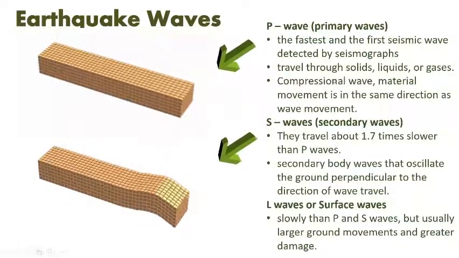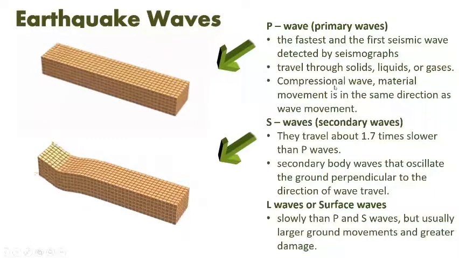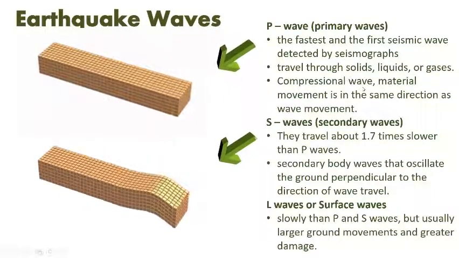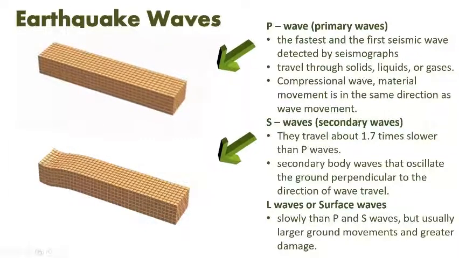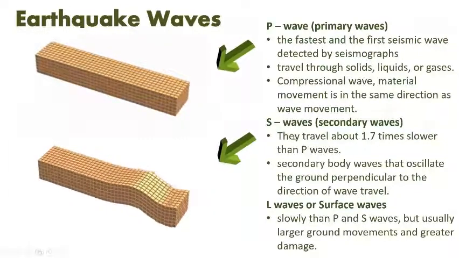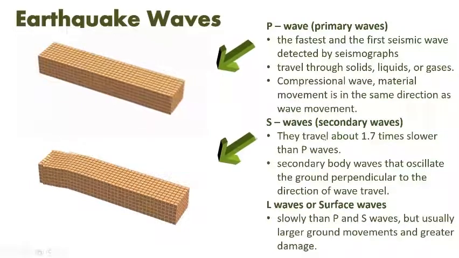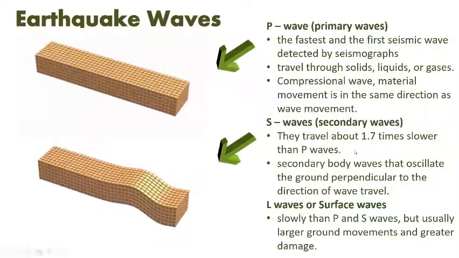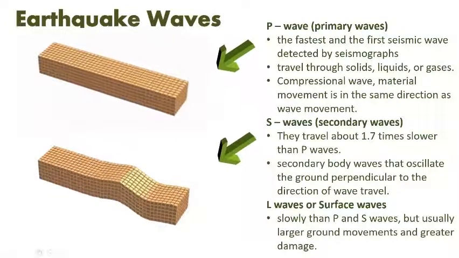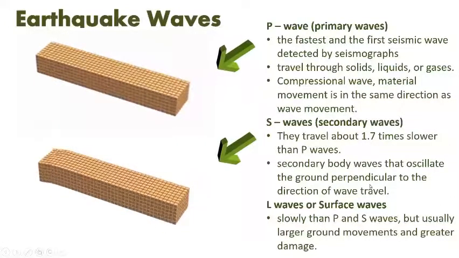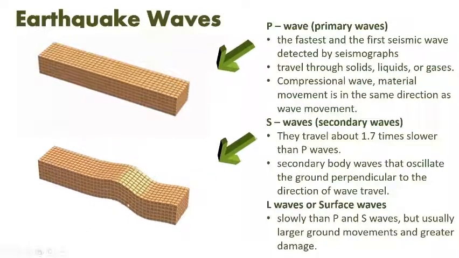It travels through solids, liquids, or gases, and is a compressional wave, meaning the material's movement is in the same direction as the wave movement. Next, the S wave or secondary wave travels about 1.7 times slower than P waves, and remember that it oscillates the ground perpendicular to the direction of the wave travel.